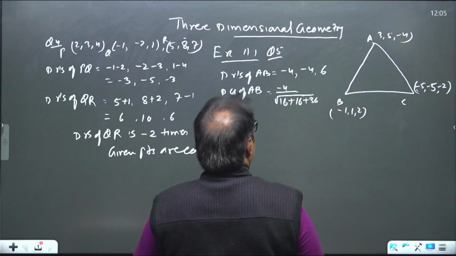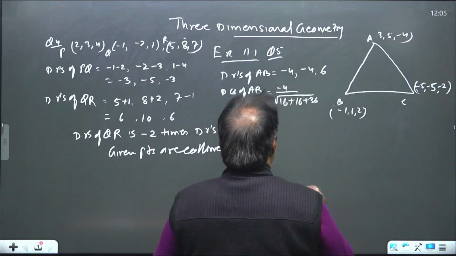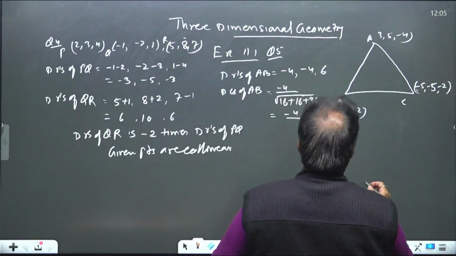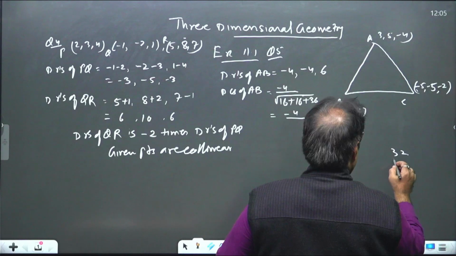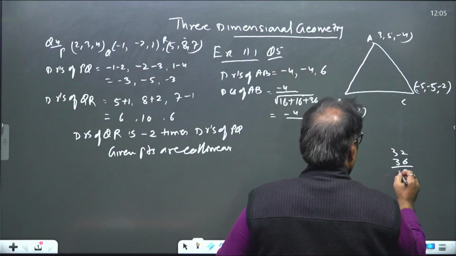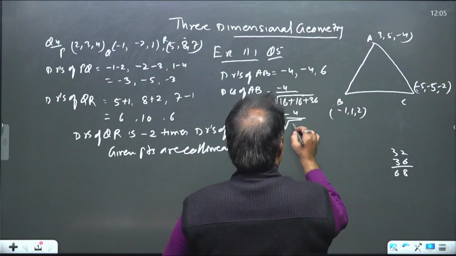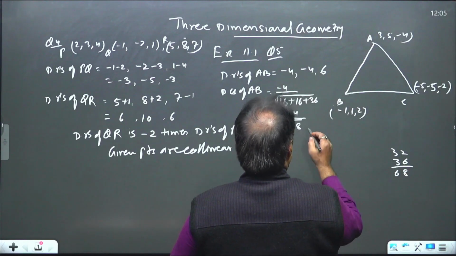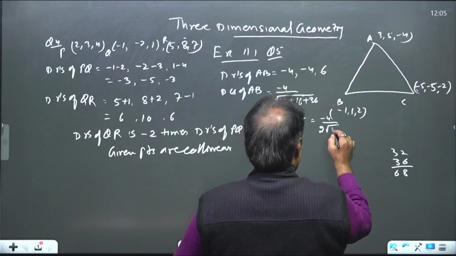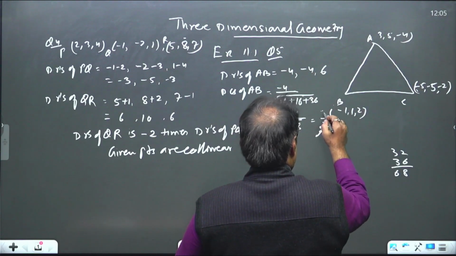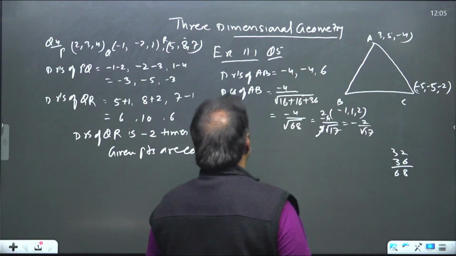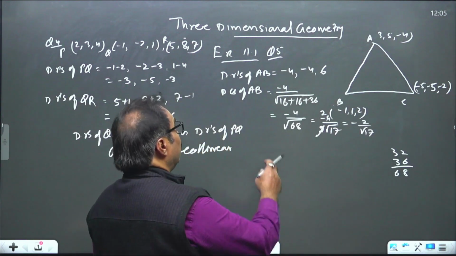Then 16 plus 16 is 32, and 32 plus 36 is 68. So root over of 68, and this can be written as minus 4 upon twice of root 17, so we may cancel it, so minus 2 upon root over 17. This is the direction cosine of the AB, that is L.